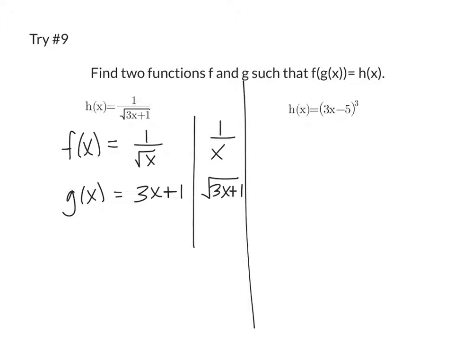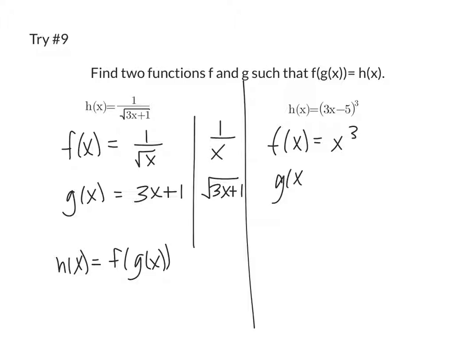Same deal, okay? But again, h of x, in our case, will be f of g of x, just like it asked for at the top. On the next one, I'll have f of x equal to x cubed, and g of x will be the expression, which is 3x minus 5. So look for your inner and outer function.